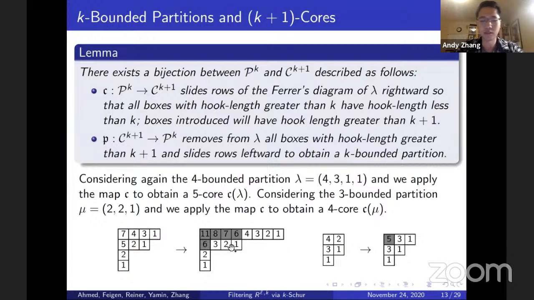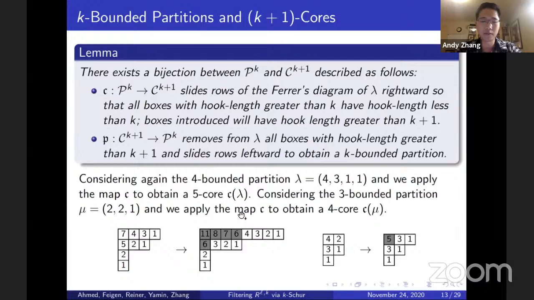By doing so, you may introduce new boxes, but that's okay, because the new boxes will have hook lengths greater than k+1. In this example, the 4-bounded partition 4311 will be turned into the 5-core 8411. Here's another example: if we start out with the 4-bounded partition 221, it will be turned into the 5-core 321.